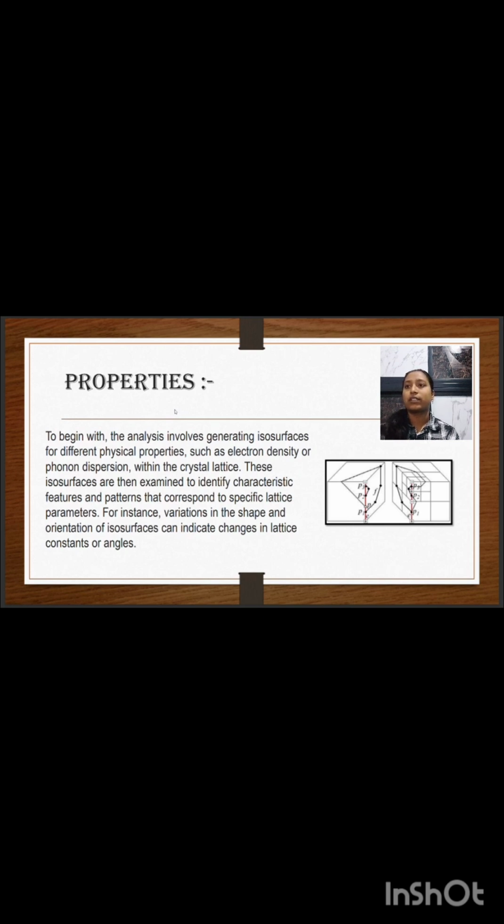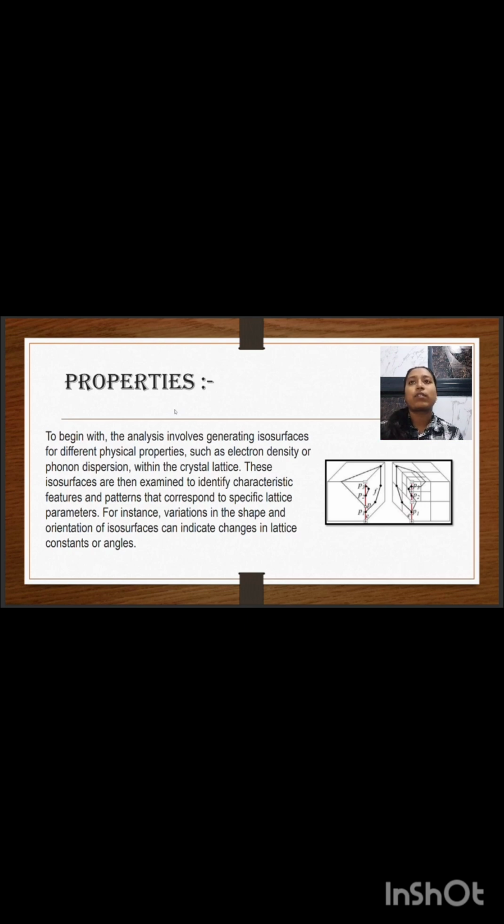As you can see in the figure, how the pattern is made, and how its surface and characteristics are defined. These correspond to specific lattice parameters, and there are various variations in shape and orientation. A change in an isosurface can indicate changes in lattice constants or angles, and many more of them.